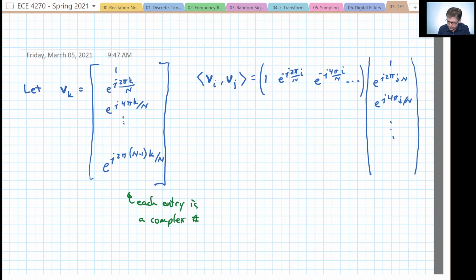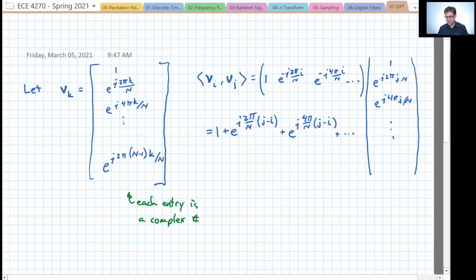But for now, this is going to equal 1 plus e to the j 2 pi over n times j minus I, plus e to the j, I'm sorry, that's 4 pi over n, times j minus I, and so forth.